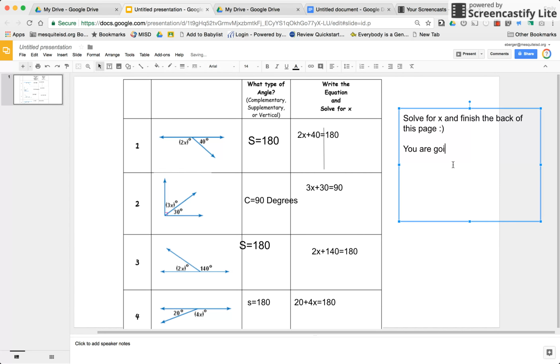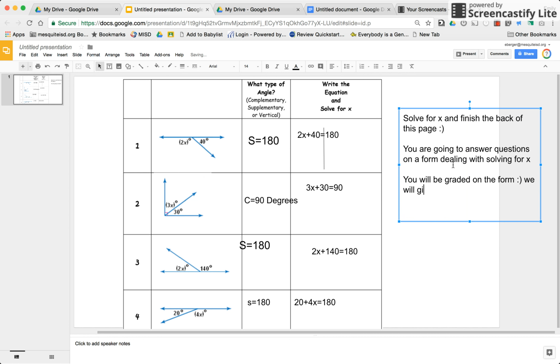You are going to answer questions on a form dealing with solving for x. You will be graded on the form. I will be giving you the answers. Scratch that.